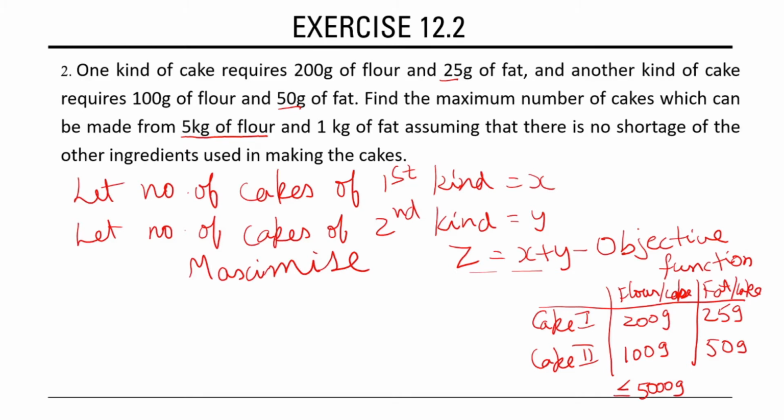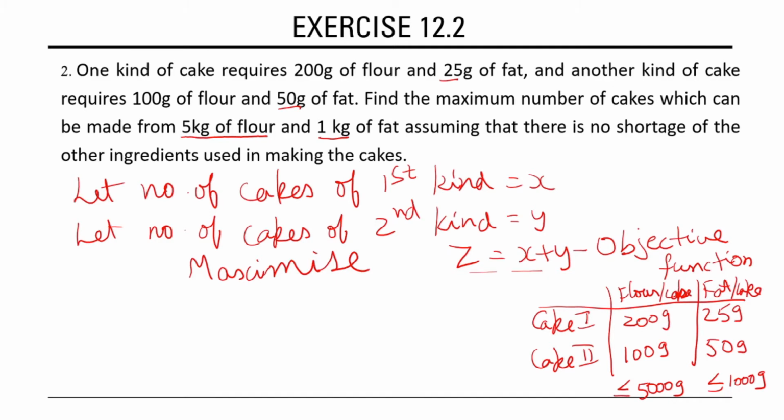And another condition given is they have only 1 kg of fat. So the 25 grams of fat required for cake 1 and 50 grams of fat required for cake 2 should be less than or equal to 1000 grams. I am converting 1 kg into 1000 grams.